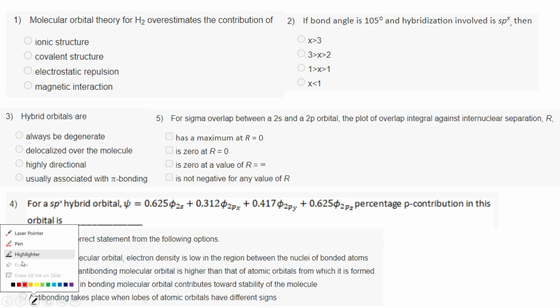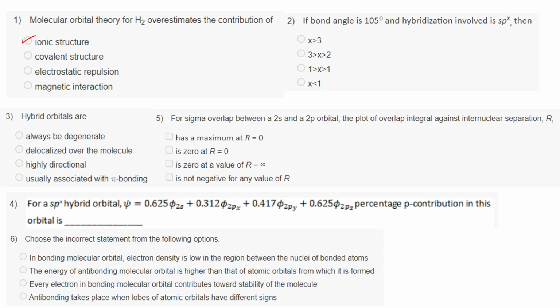Why the ionic structure? If you remember, you are going to have the linear combination of two of the hydrogen atoms, C1H1 plus C2H2, and we will see that it is going to be almost 50% of the ionic structure. So, which is actually overestimating the ionic contribution.